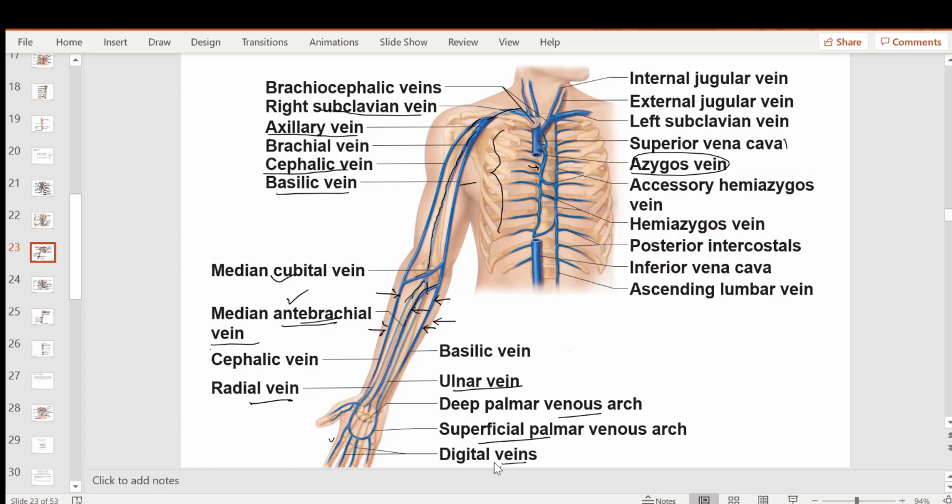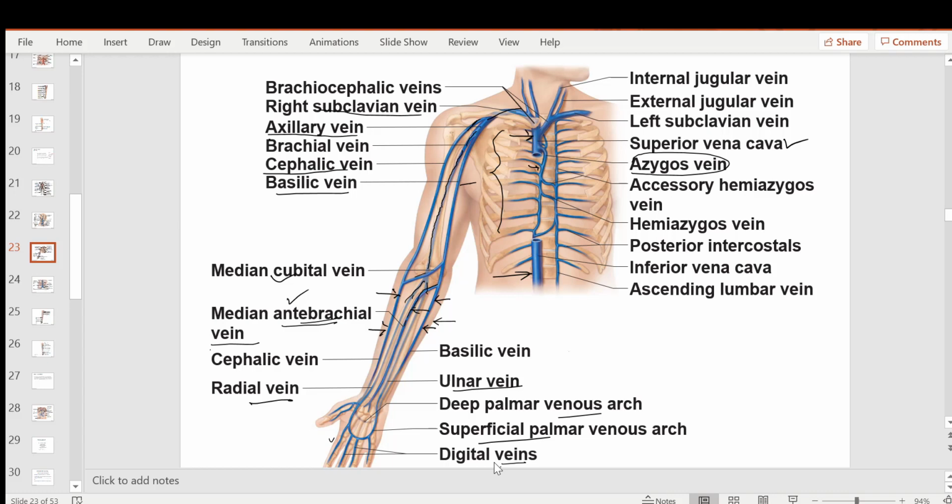So the superior vena cava is here, and this is the inferior vena cava, and the azygos vein actually brings the blood from the inferior vena cava to the superior vena cava. So it's an alternate route of blood. If any blockage occurs, then blood will continue to flow between these two large veins.